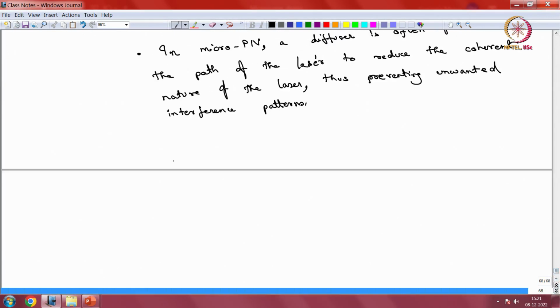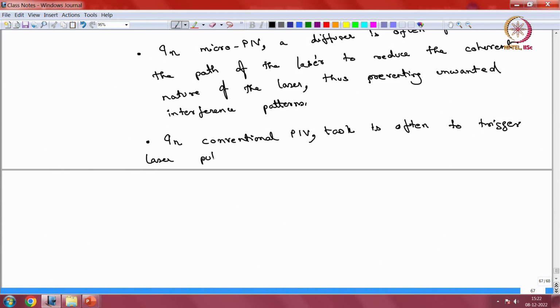And then finally, in conventional PIV, a task is often to trigger laser pulses and camera shutters simultaneously.